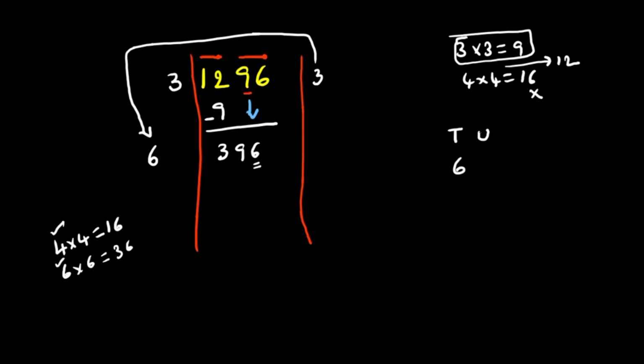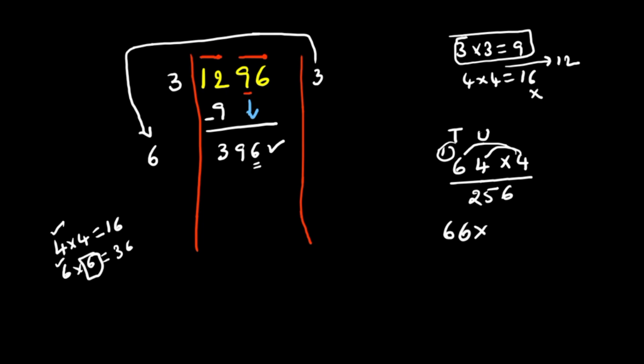Now I am going to take 4 here and multiply by 4. 4 4s are 16 and 4 6s are 24 plus 1, 25, so 256, but I want 396 here, so 4 is not the required number. Then again, I am going to select 6. After 6 we will take 6 and multiply by 6.